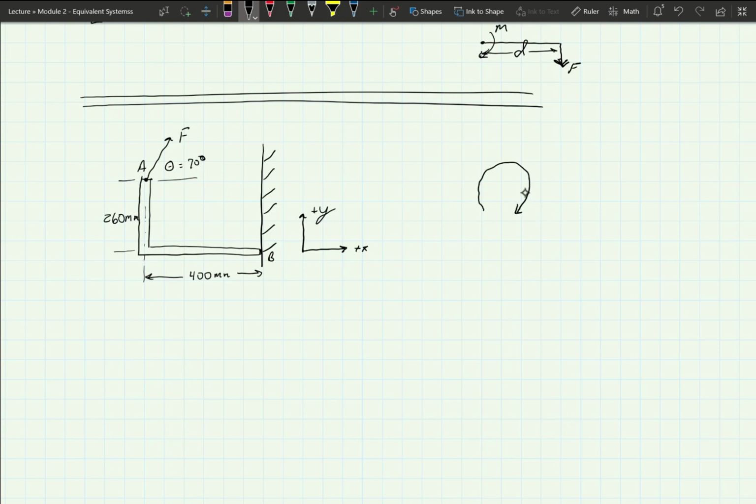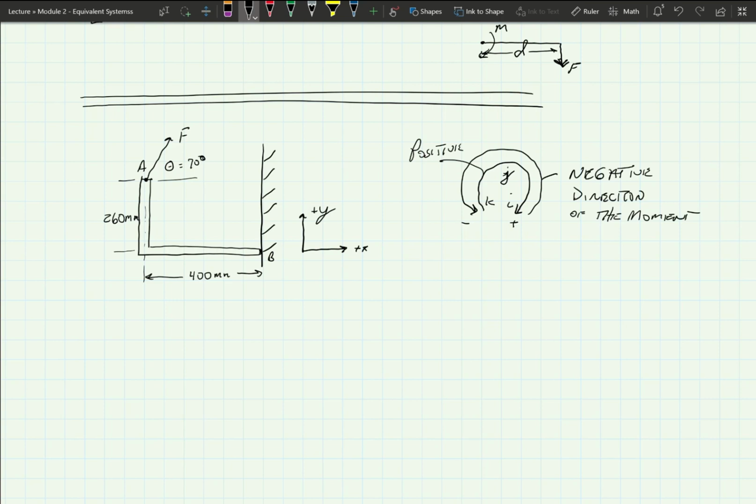If a moment goes in this direction, where this is i, j, and k, this will be positive, but if the moment goes in the other direction, that one will be negative. Positive, negative direction of the moment.